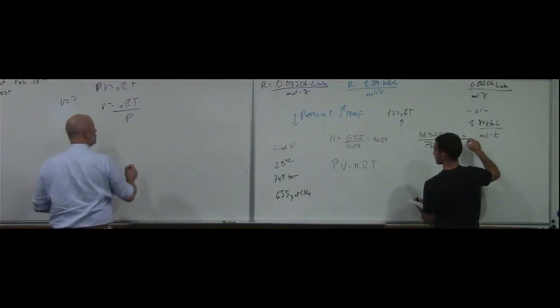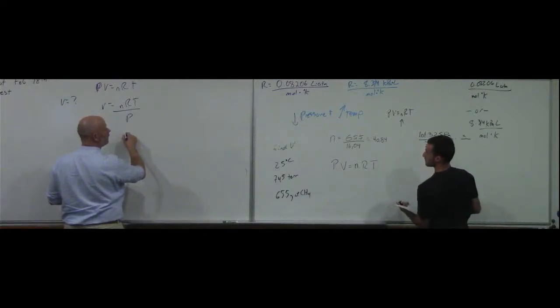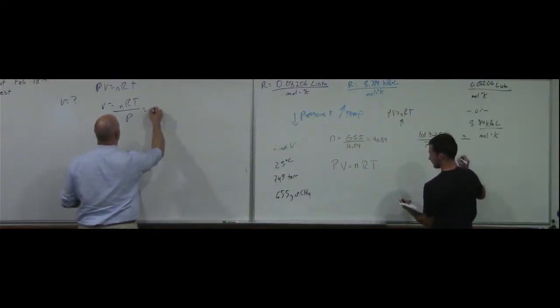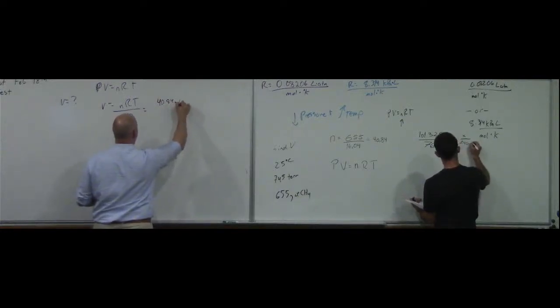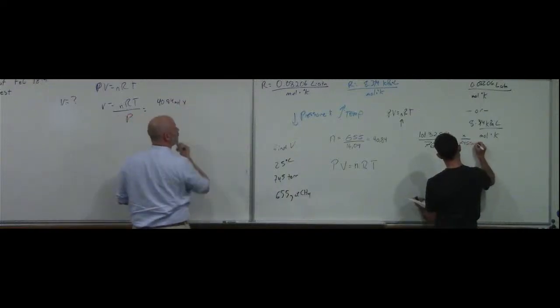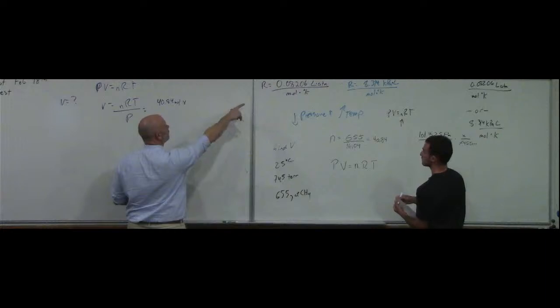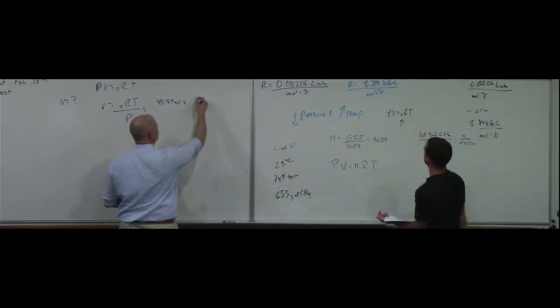Different number of moles. I got 40.80. Which ideal gas constant? 8.314. Yeah.